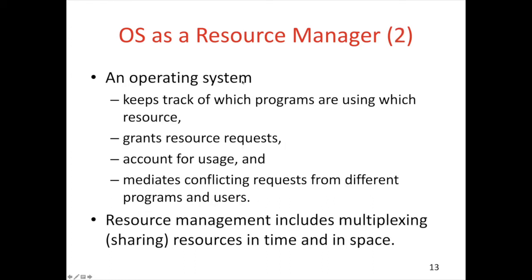An operating system keeps track of which programs are using which resource, grants resource requests, accounts for usage, and mediates conflicting requests from different programs and users. Resource management includes multiplexing, that is sharing, resources in time and in space.